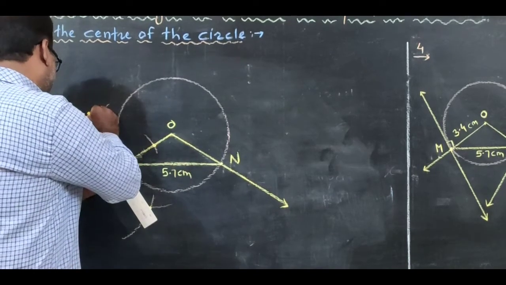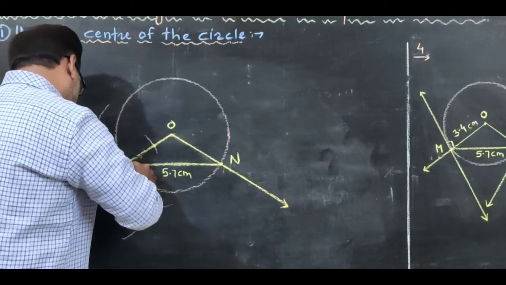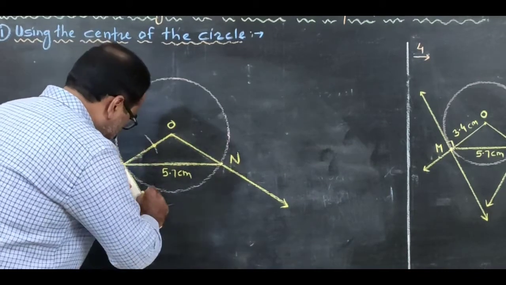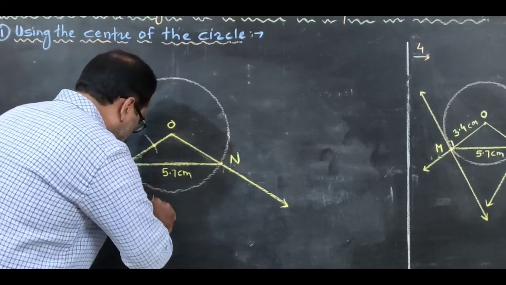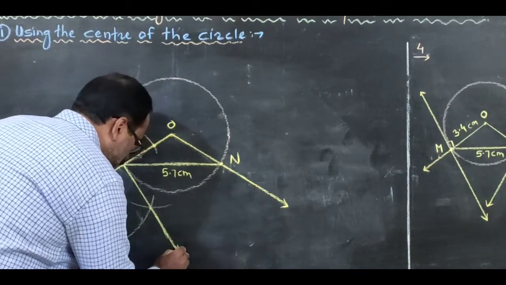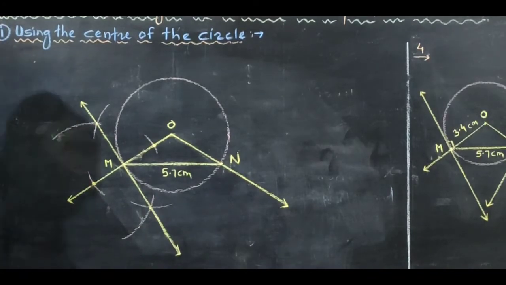And we draw a line passing through this point. This is the tangent to the circle at this point.